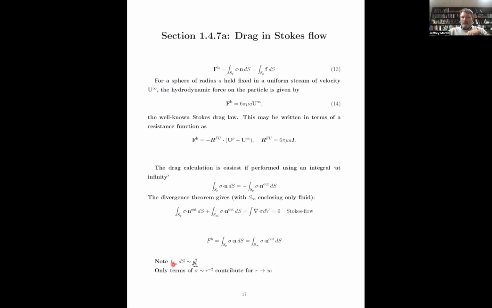Since the integral of dS gives us something scaling as r squared, the only way that I can get a force that's finite, independent of how big I take the system, is to consider the stress pieces that go as r to the minus 2. So I only have to consider the dominant pieces in the stress to actually do the computation, and I can tell you it makes the calculation enormously easier.